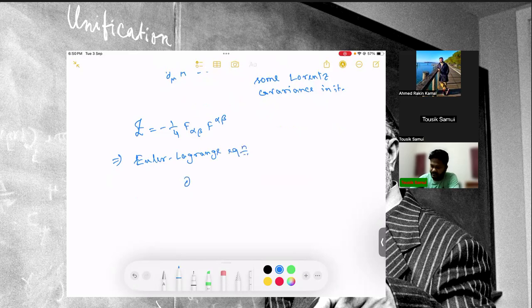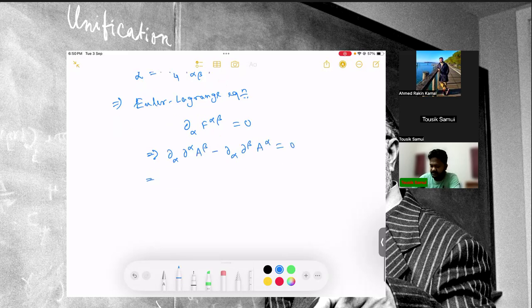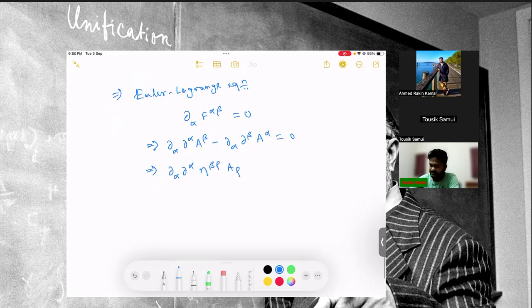As you remember, it should be del alpha F alpha beta equals 0. Now if we expand this, we get del alpha del alpha A beta minus del alpha del beta A alpha equals 0, and let us try to massage this equation as del alpha del alpha eta beta rho, and let us bring the rho downstairs because this is basically A beta.